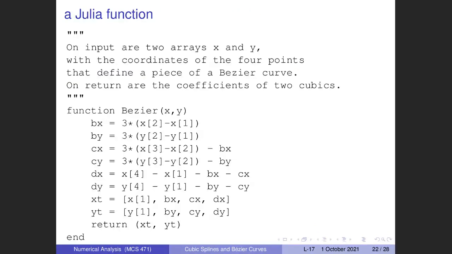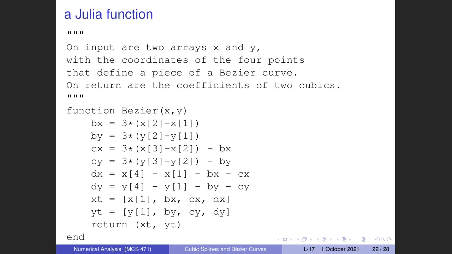All right, then all algorithms in this course are defined by Julia functions. So here is the Julia function that defines one piece of the Bézier curve. We have 2 arrays on input. So they are not lists of tuples. That could have been another input.